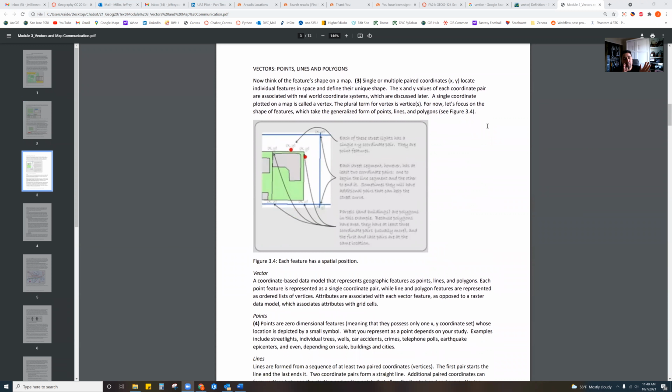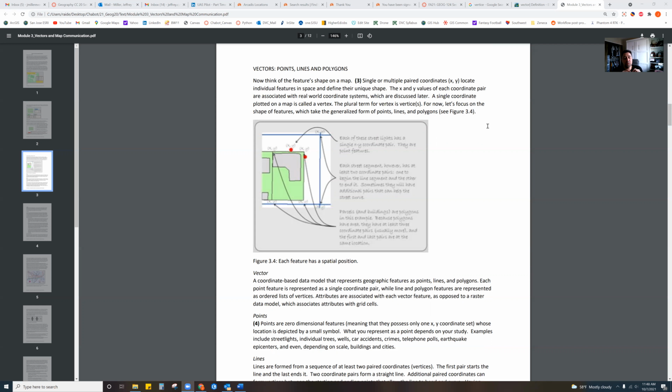Cool. So the idea of what we're talking about here with features and shapefiles, these all fall under a specific category within GIS known as vector data, okay? Vector data model, right?